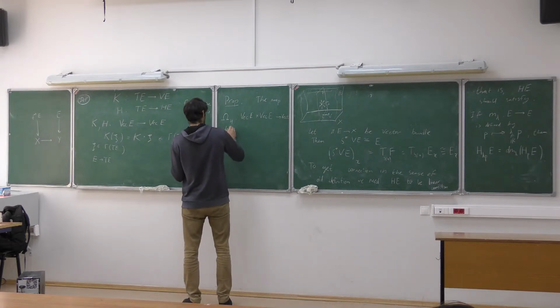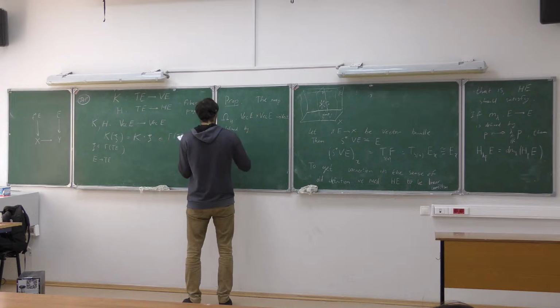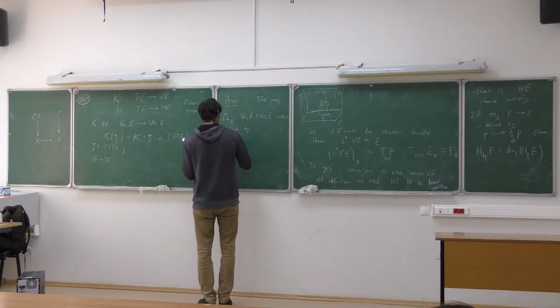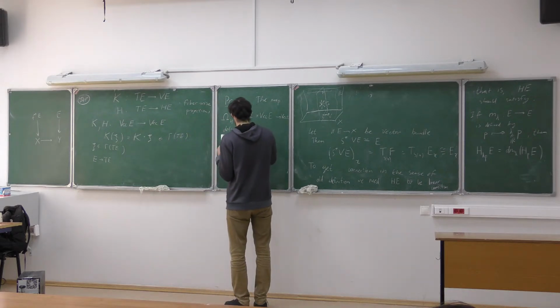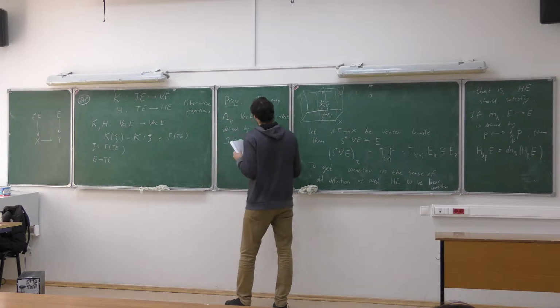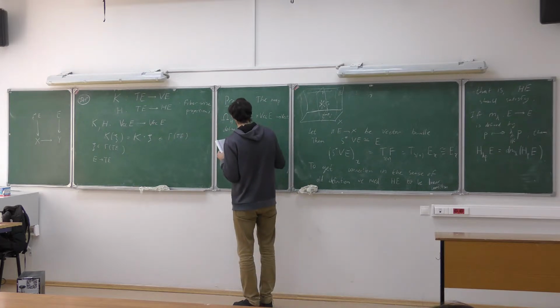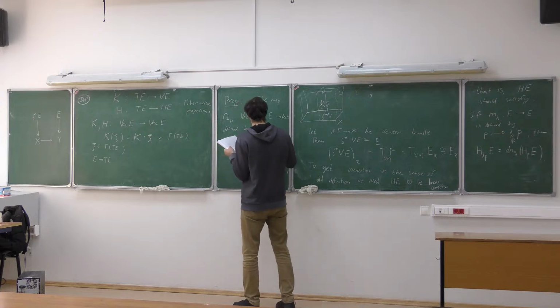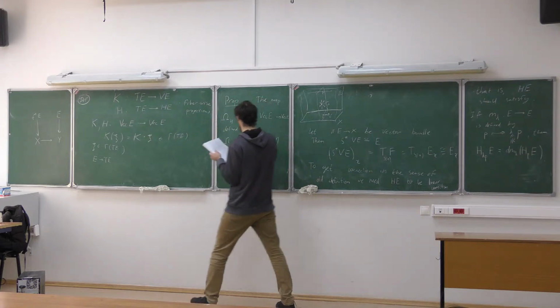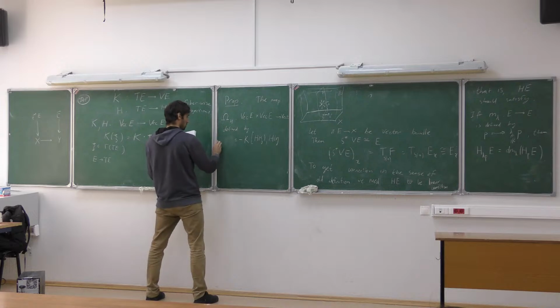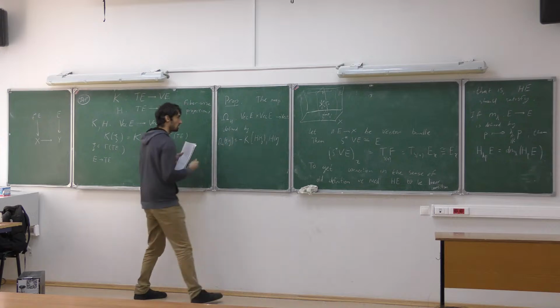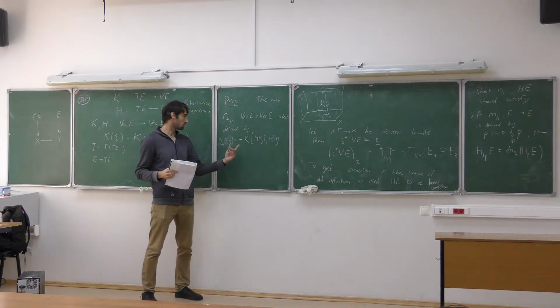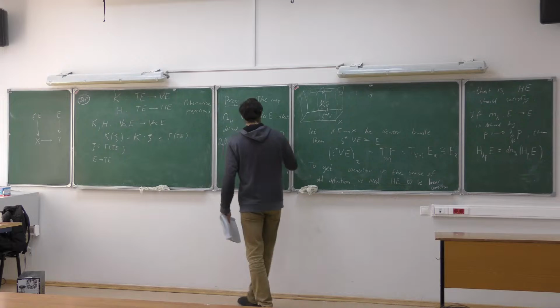It is defined by omega_H(psi, eta) = minus K of the commutator of two vector fields, H of psi and H of eta. So psi and eta are two vector fields, and I get a third one.